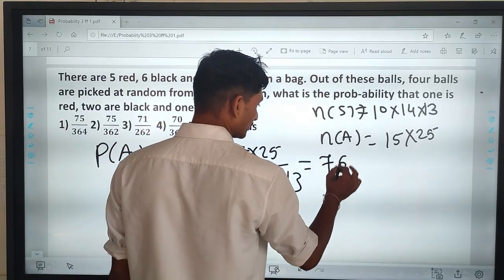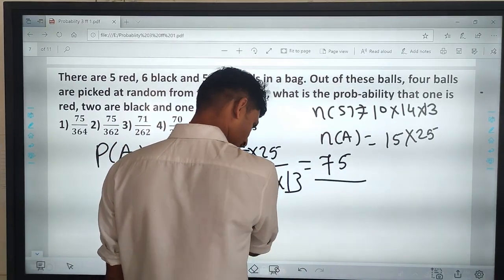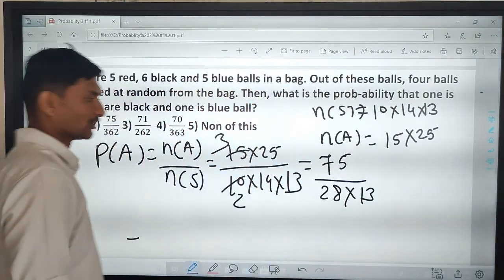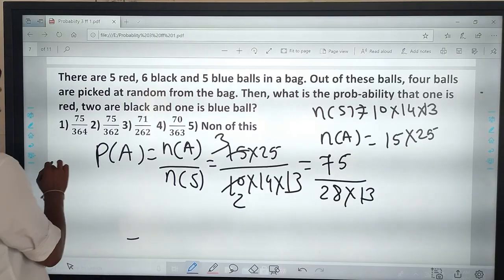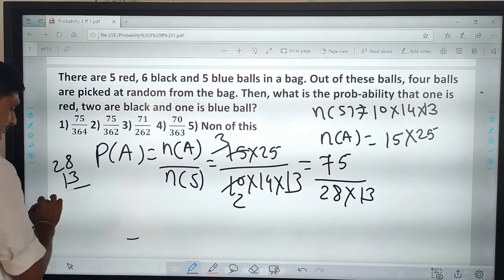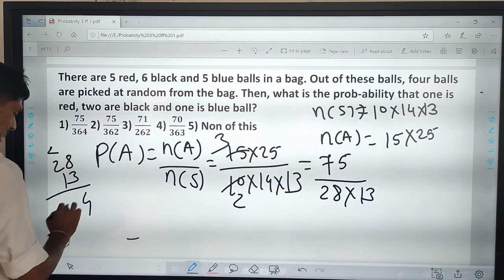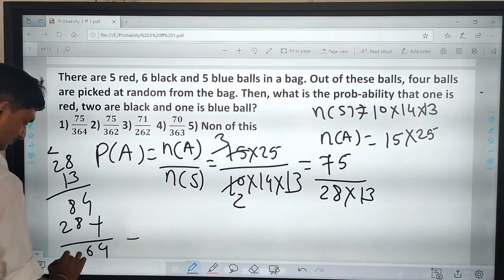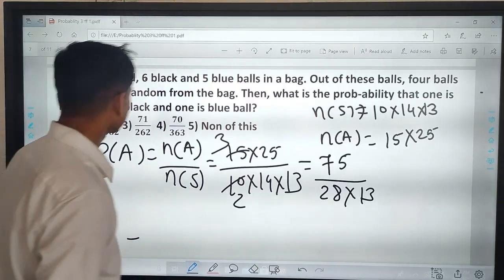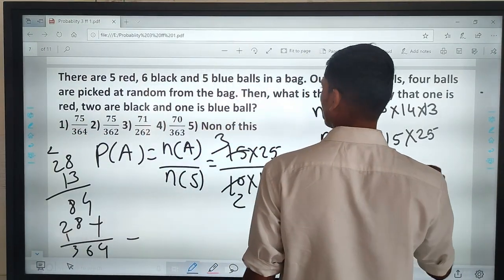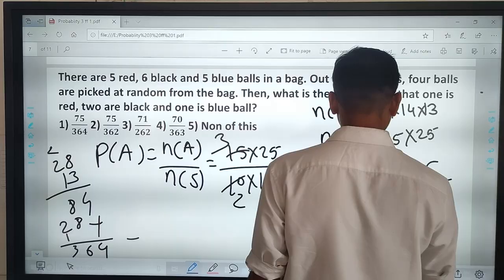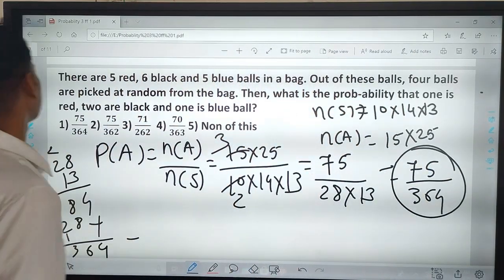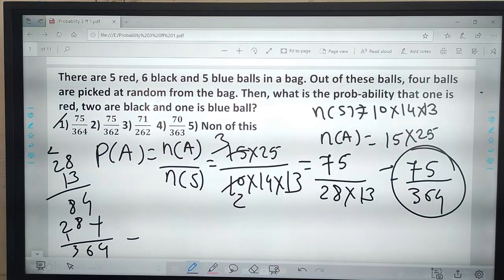That gives 75 into 28 into 13. 28 into 13, we take multiplication, is 364. Then your answer is 35 divided by 364. This is your answer.